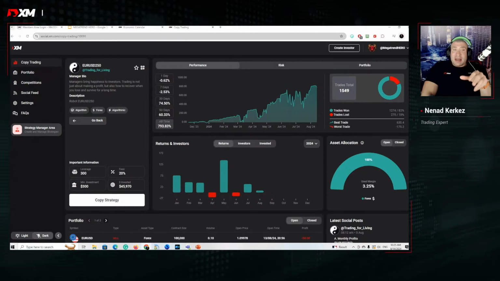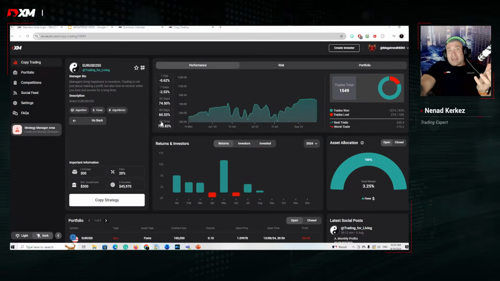But then again, I would look that the strategy actually hasn't lost all the profits at one point in time. Here we can see that there was a drawdown, but that drawdown led to 300% profits, and then it returned back to normal.